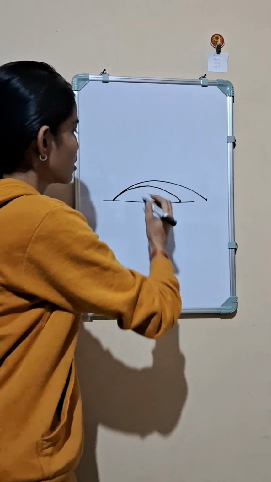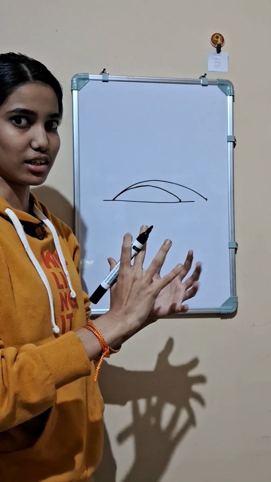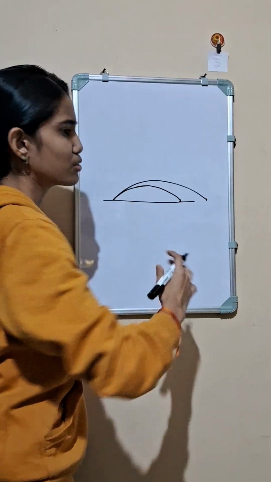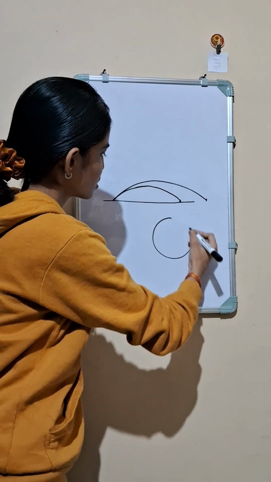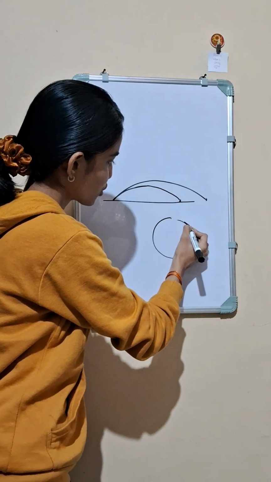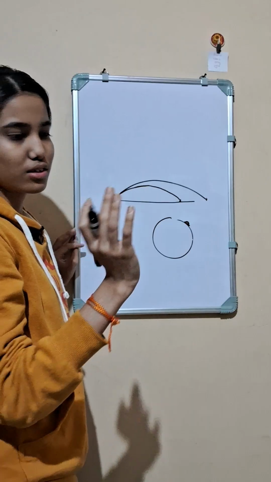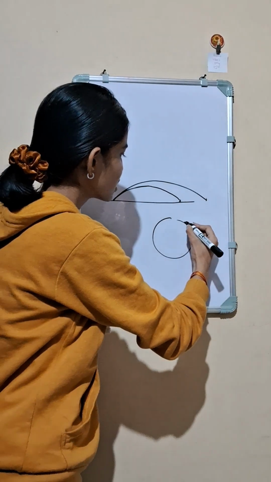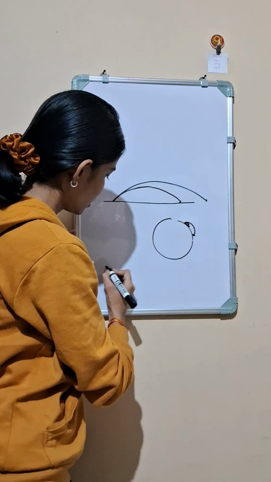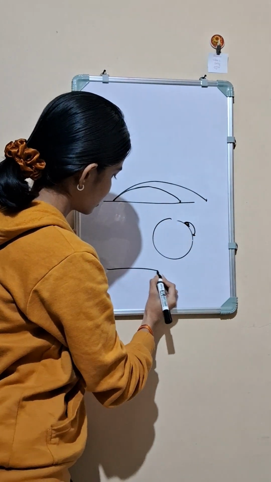We know that our Earth is spherical, right? This ground looks straight because we are just throwing the ball a very small distance. If we increase the distance, it will look something like this. Here the path will look something like this, right?